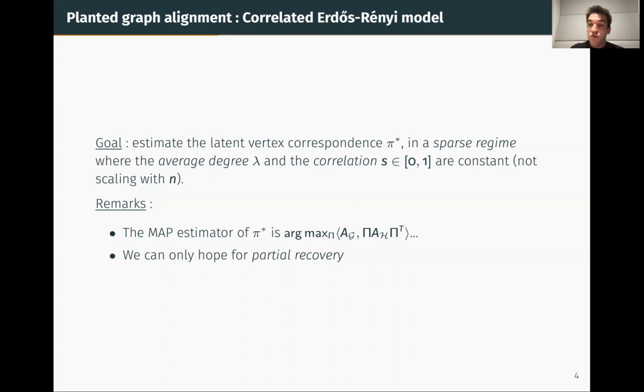Well, simply in this regime, it's not difficult to see that we will have a fraction of the nodes that will be isolated in G and in H. If I give you some nodes that are isolated in the first graph and some other nodes that are isolated in the second graph, there is no way to match them better than just a random guess, right? So we know that just for this simple reason, we cannot hope for a fraction one of the nodes to be correctly matched.